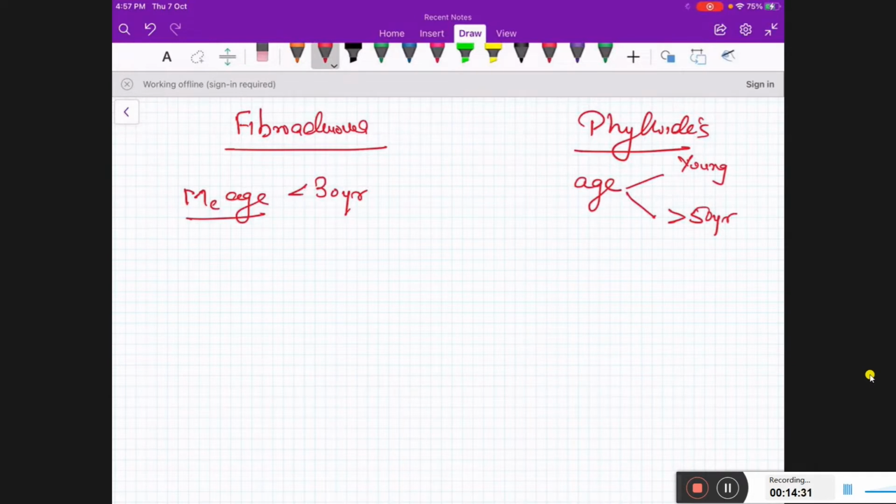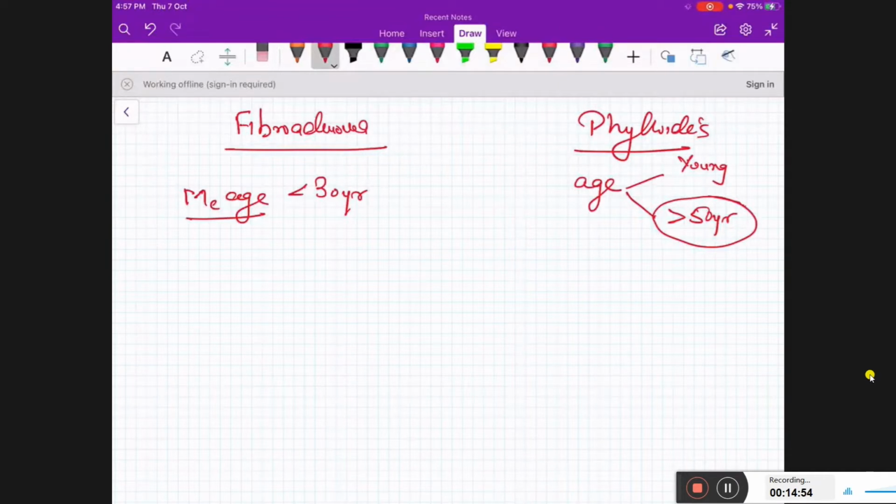If age is more than 50 years, then obviously you will not think of a fibroadenoma in a given situation. But if age is less than 30 years, with that age we will not be able to figure out whether it's a phyllodes tumor or a fibroadenoma, right?